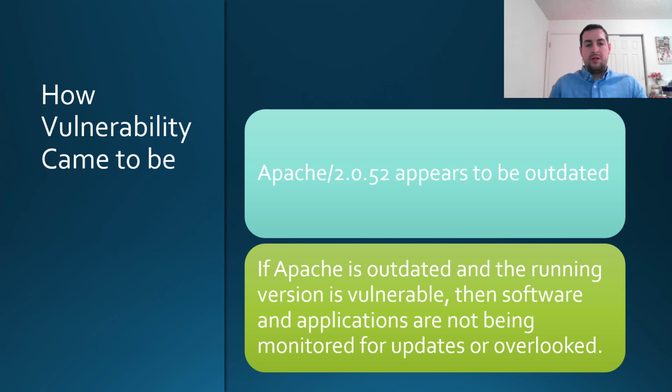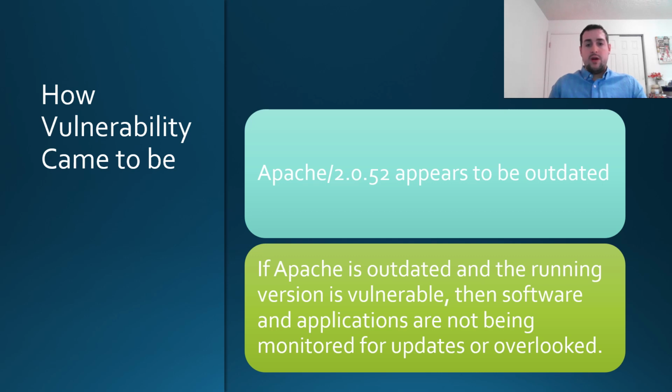So for how a vulnerability came to be, we're going to look at our vulnerability that our Apache just appears to be outdated. A quick hypothesis: if Apache is outdated and the running version is vulnerable, then software and applications are not being monitored for updates or are overlooked. Another possible cause could be IT doesn't have the resources.